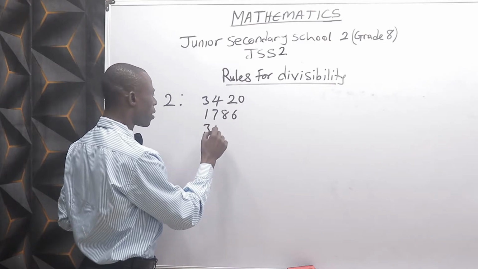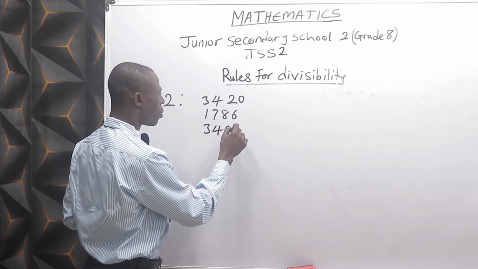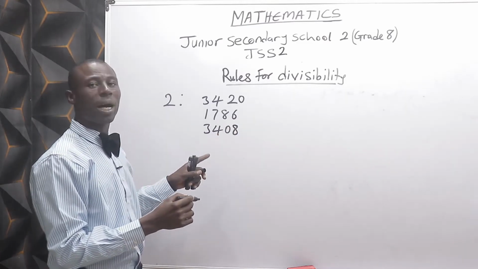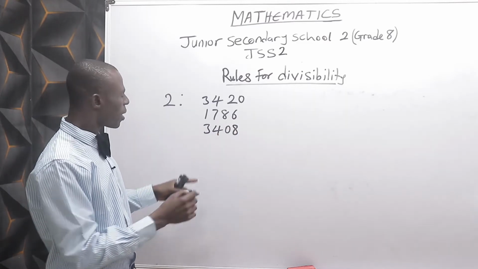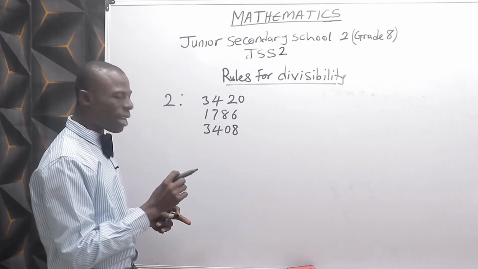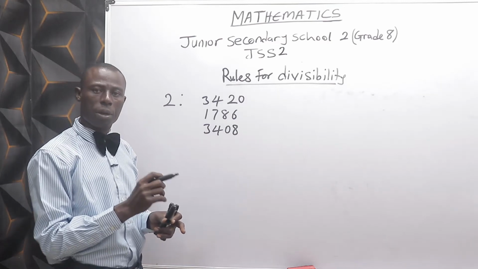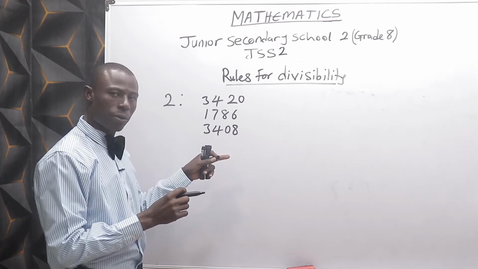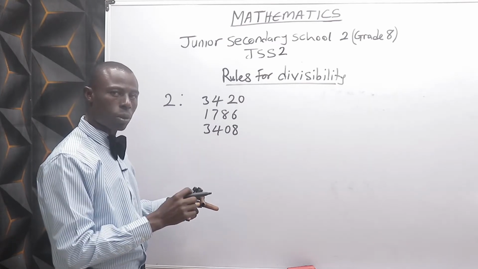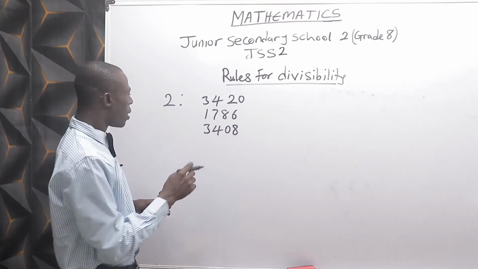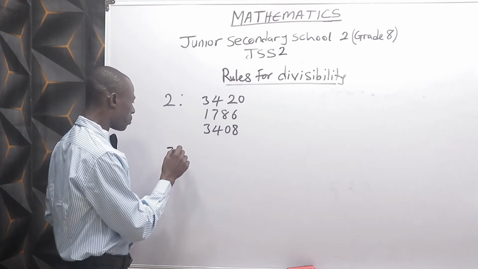Another one, 3408. This number also will be exactly divisible by 2 because the last digit is even. Whenever you see the last digit of a number being even or 0, then that number is exactly divisible by 2. Let's take another one, 3.